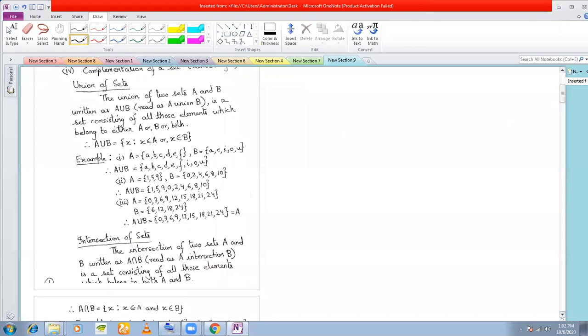This definition is very important. The union of two sets A and B, written as A union B, is a set consisting of all those elements which belong to, this is the main keyword, either A or B or both. This is the main thing that you have to remember.